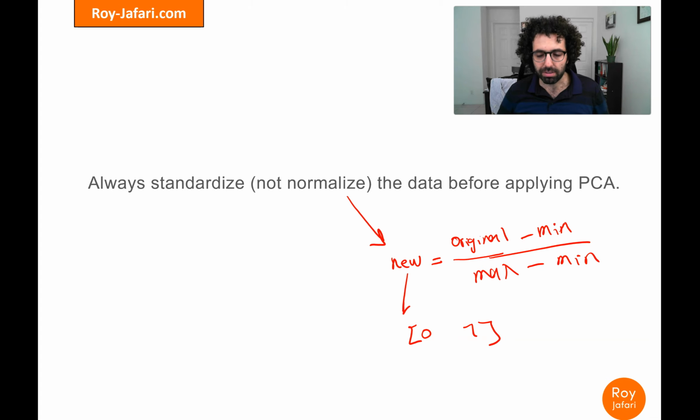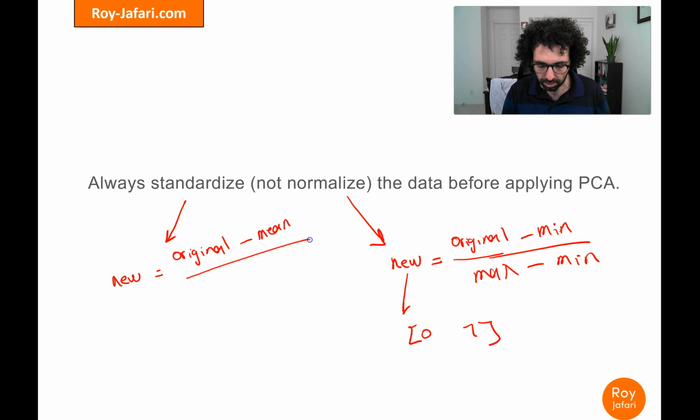But for PCA, we want to standardize the data, and when we standardize the data, we use a formula like this. We say new value is equal to the original minus the mean, or the average, of the attribute, divided by the standard deviation of the attribute.